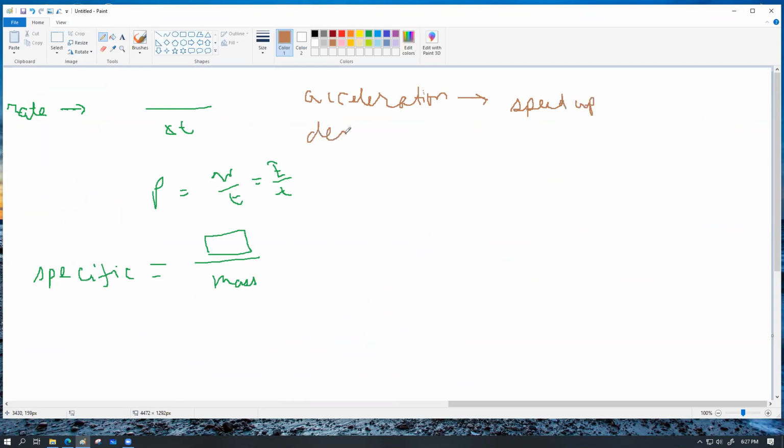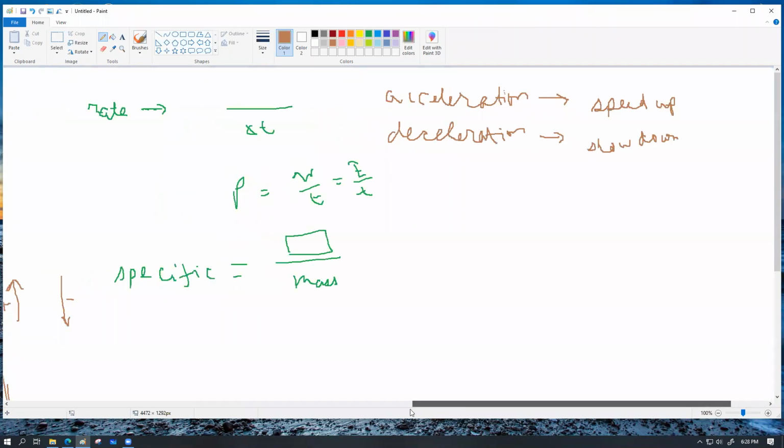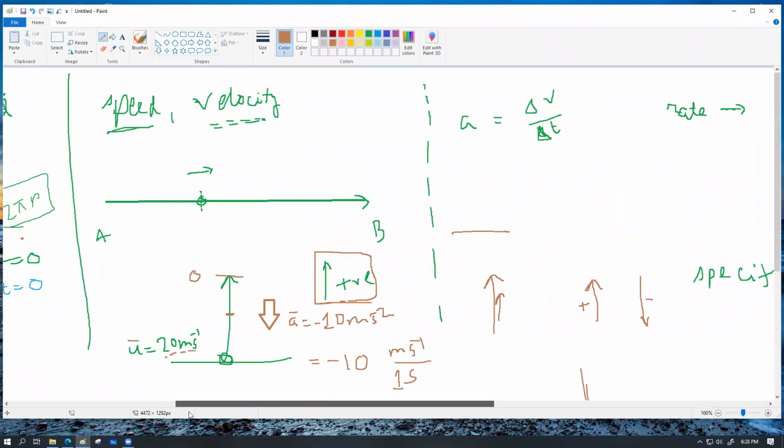And deceleration, in almost all cases, means slow down. So in scenarios where your object actually slows down, we call that deceleration.